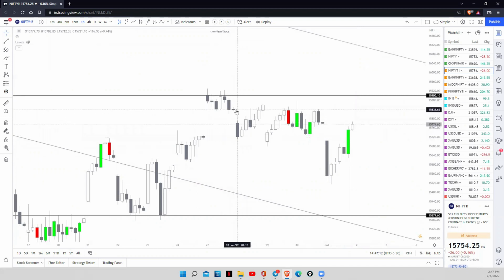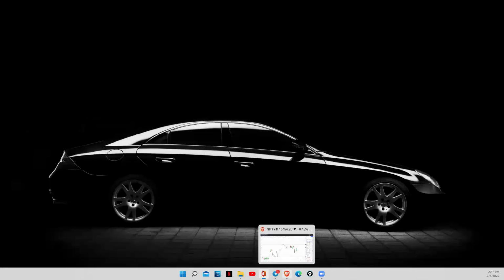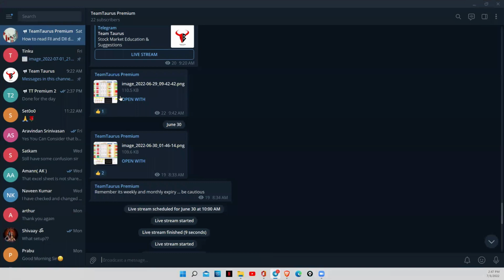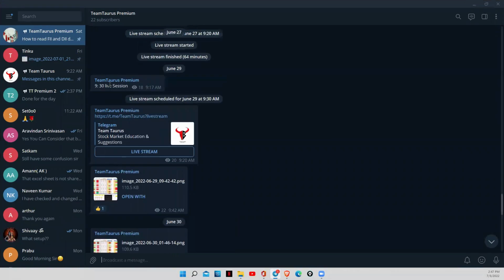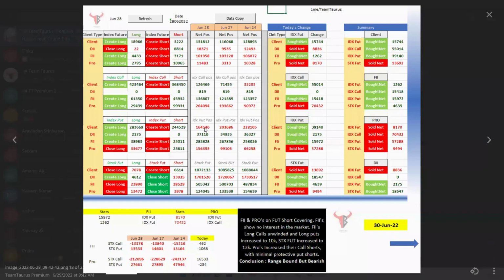If the market had opened flat, it would have taken support here and then gone up, because they are range bound. They are clearly short, but not completely short. They are not having the majority of their positions. So we expected that the market is going to be short on this day. And this is what we have given: range bound but bearish.